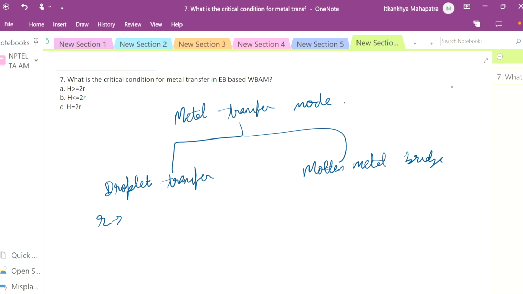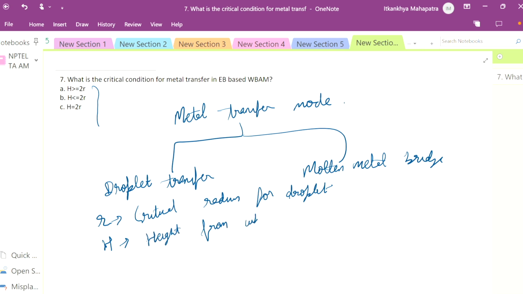Now in this condition, what is R, what is H? R is the critical radius for droplet, and capital H is the height from which the droplet is coming from the filler material to the base metal.